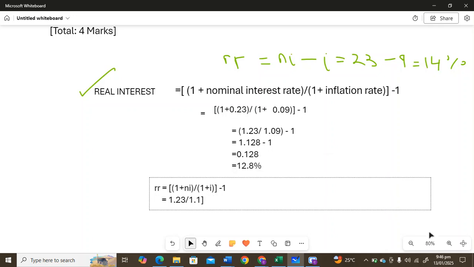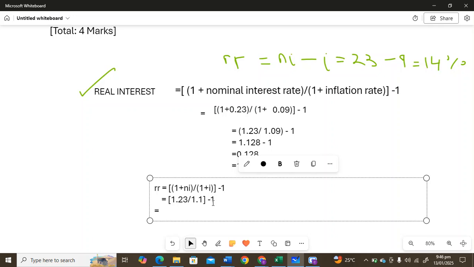Remember, no confusion this year. So 1.23 divided by 1.1, you get 1.118. Subtract this from 1, that will give us 0.118.